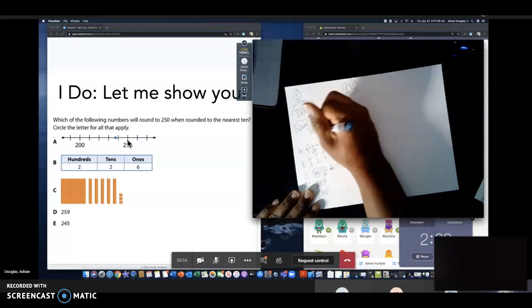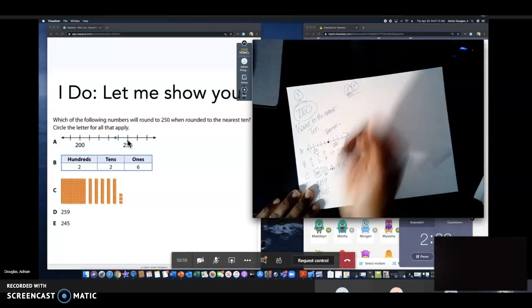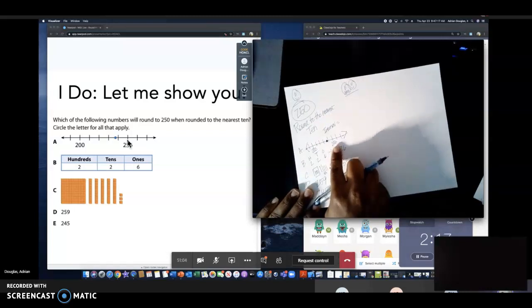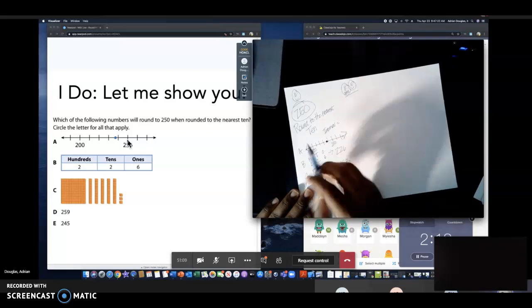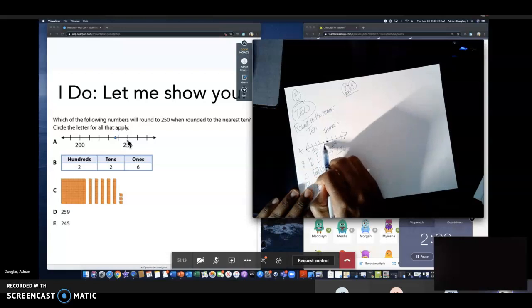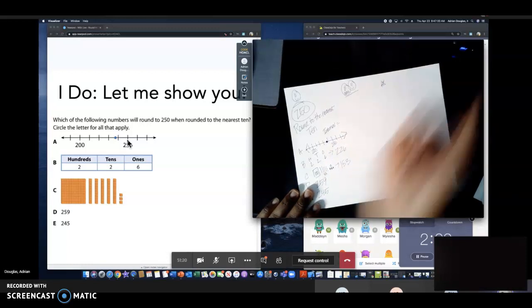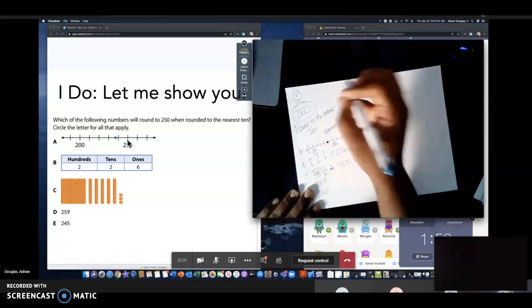So I need to figure out what the interval is, starting from 200 to see if I'll get to 250. 200, 205, 210, 215, 220, 225. Counting by 5 is not going to work, so I'll put an X through it. Let me try counting by 10s: 200, 210, 220, 230, 240, 250.